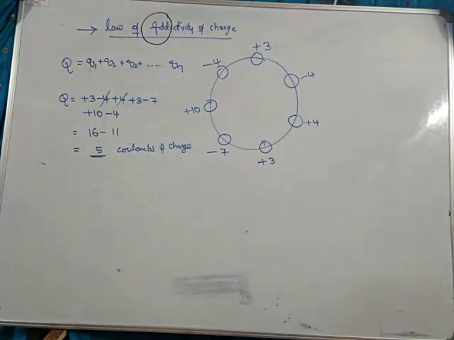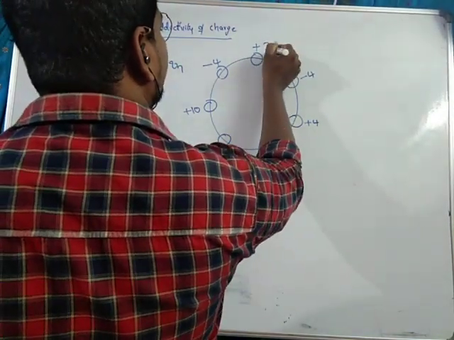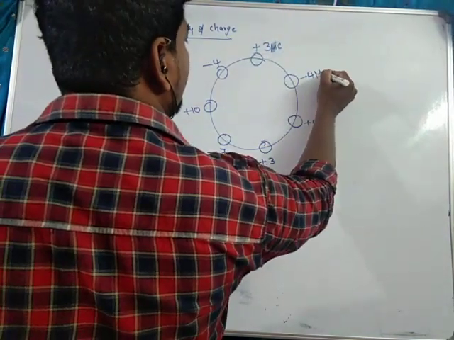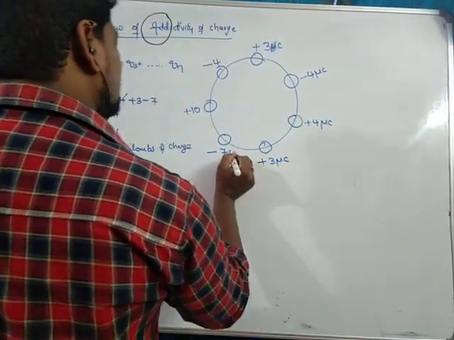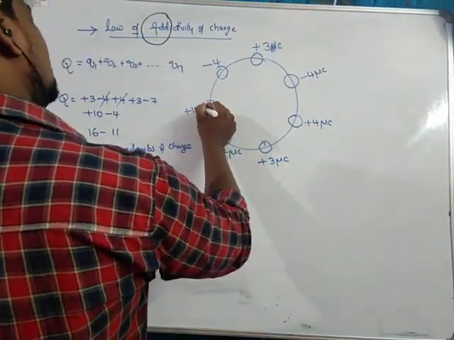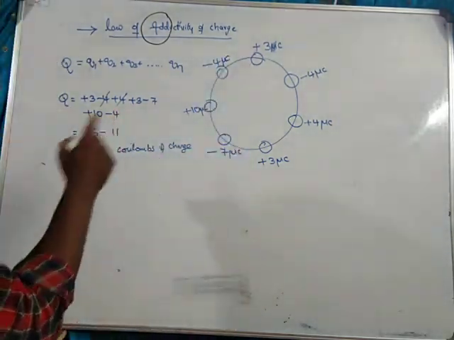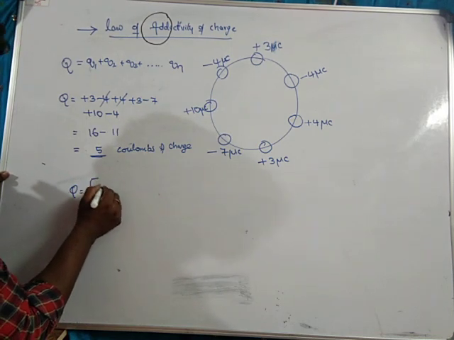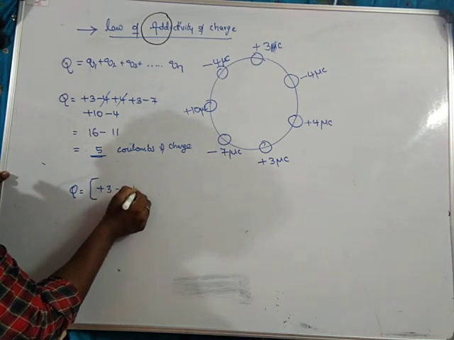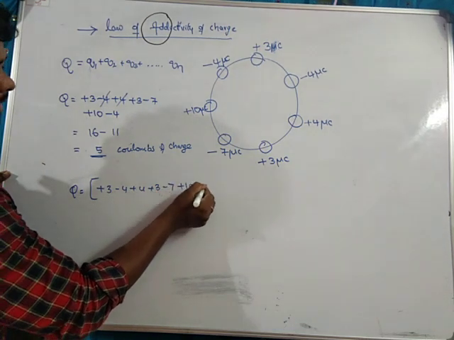If you consider the same example with the strengths also, we have 3 microcoulombs, 4 microcoulombs, 4 microcoulombs, 7 microcoulombs, 10 microcoulombs and 4 microcoulombs, with signs plus 3, minus 4, plus 4, plus 3, minus 7, plus 10, minus 4.